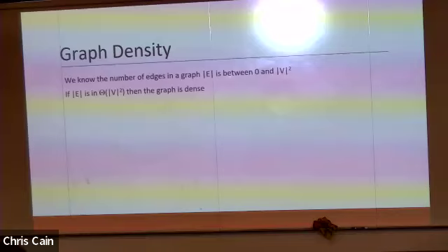So if we have the number of edges in big theta of the number of vertices squared, we're going to call that graph dense. Or unofficially, the graph has lots of edges. Gotta love that unofficial terminology.